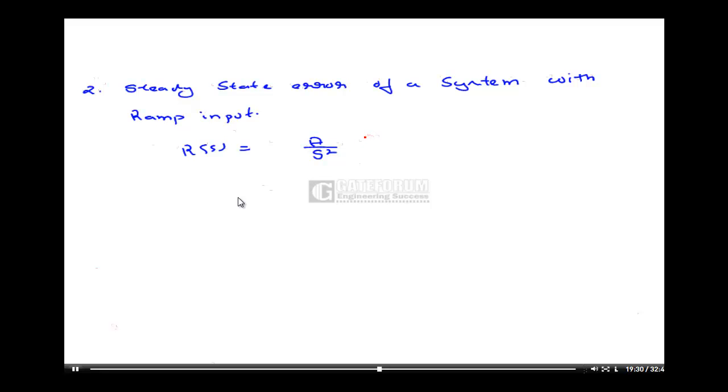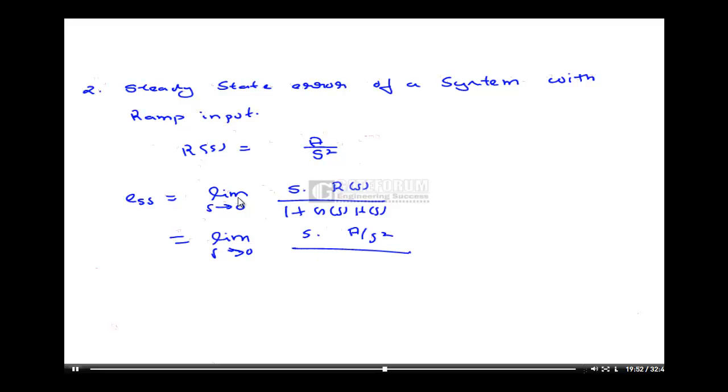So in this case, e_ss is equal to the limit s tending to 0 of s R(s) upon 1 plus G(s)H(s). Substituting the ramp input transfer function, s into A by s squared upon 1 plus G(s)H(s), this is the limit s tending to 0 of A by s upon 1 plus G(s)H(s).